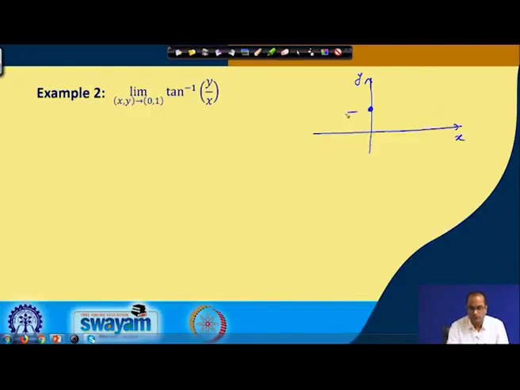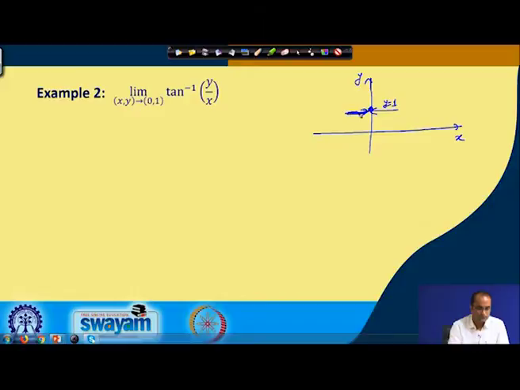We can fix y and take these two paths as x approaches this point from the right side or from the left side. So, along this path we will fix y as 1 and then evaluate this limit along these two particular paths.